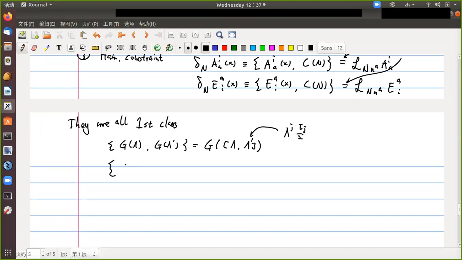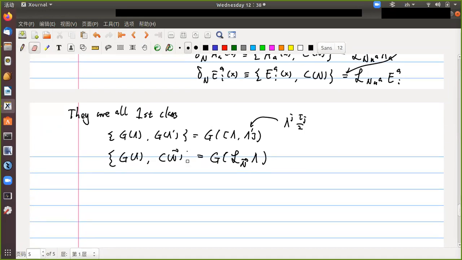If you consider the Gauss constraint with the diffeomorphism constraint, the result is a Gauss constraint with the Lie derivative acting on lambda. This just means that the diffeomorphism constraint generates spatial diffeomorphism transformations, and it transforms the Gauss constraint. This equation is very easy to understand.